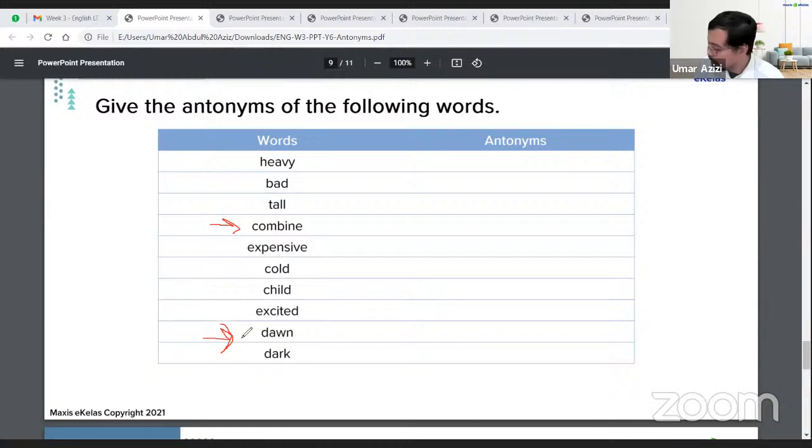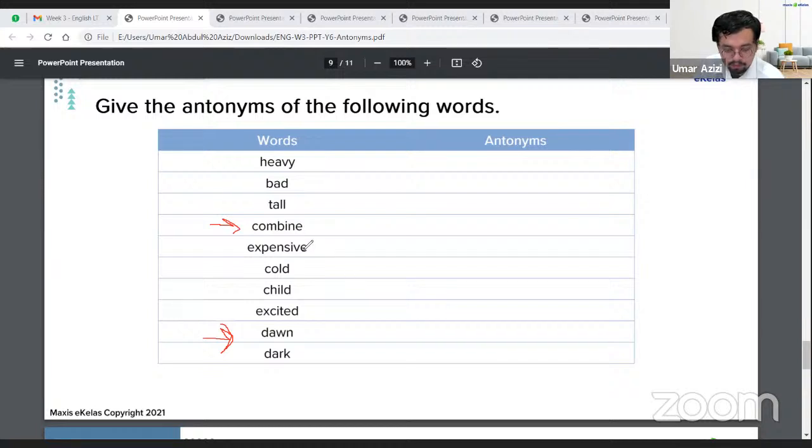Do I have an answer yet? Antonyms for the words combine and dawn. Separate.